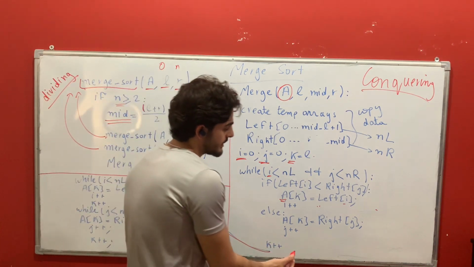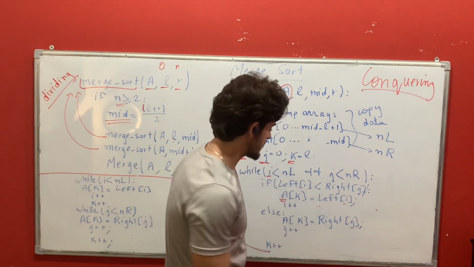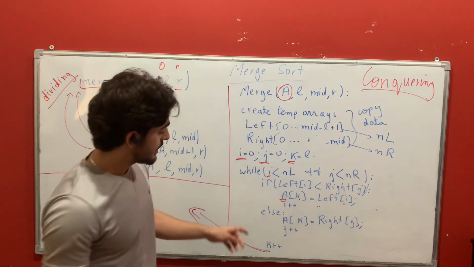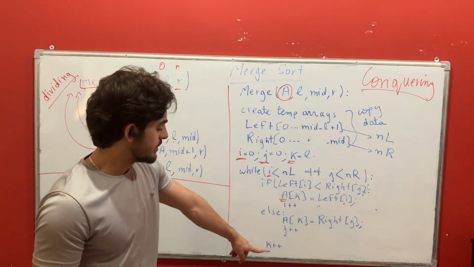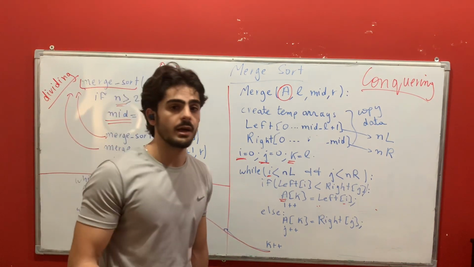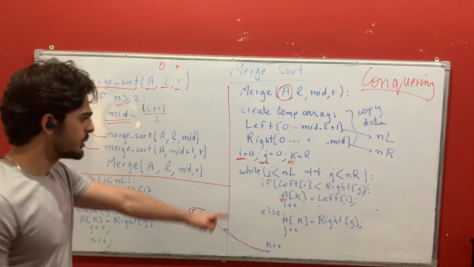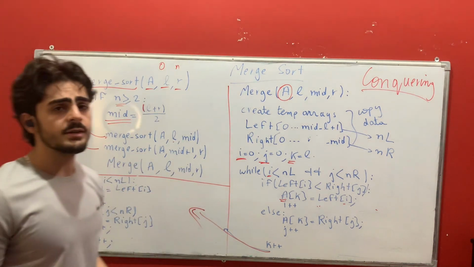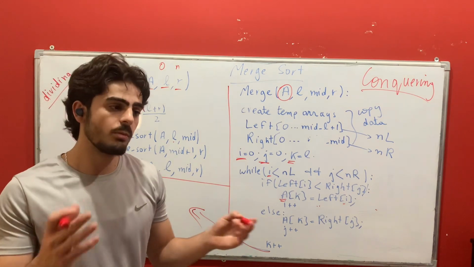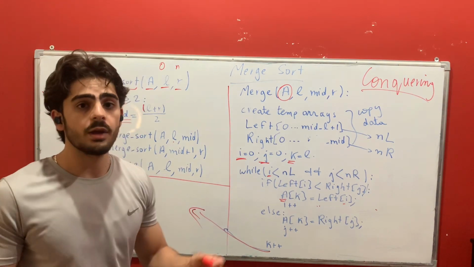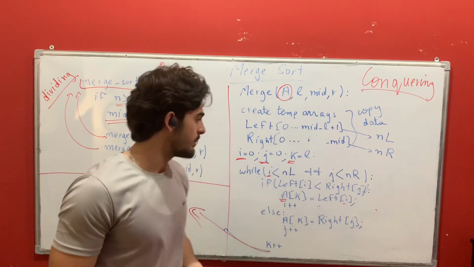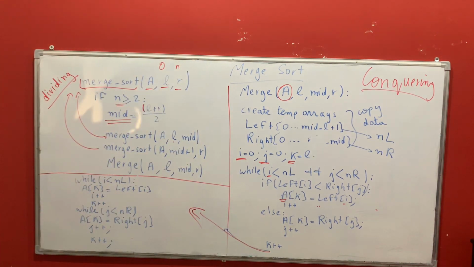The smaller element is in the right subarray, so we take it from the right subarray. We increment j and we always increment k, which is the pointer responsible for the main array. When we finish this, some elements might still remain in one of the two arrays, as we saw, so we have to copy the remaining elements in one of these two arrays by using this approach.